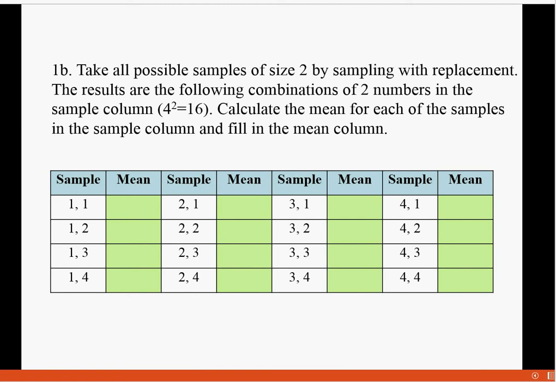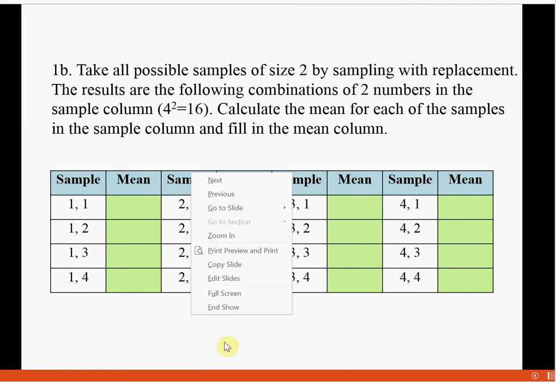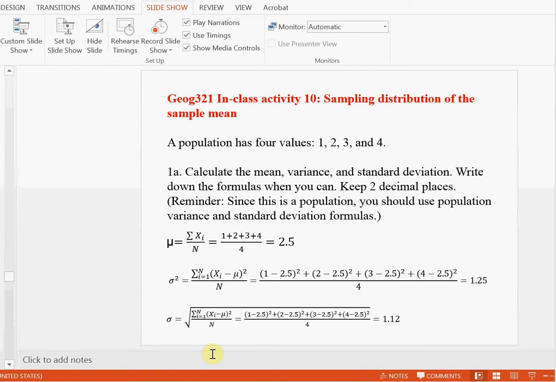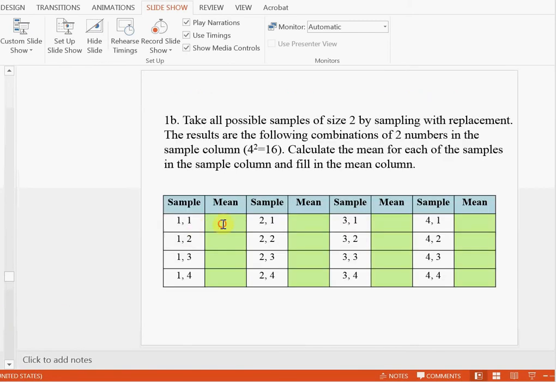Now, what this question asks us to do is to calculate the mean for each of the samples. So we calculate the sample mean for each sample. And this is not too hard. Let's see how we calculate the sample mean. For the first sample, 1, 1, obviously the sample mean is just 1, right?